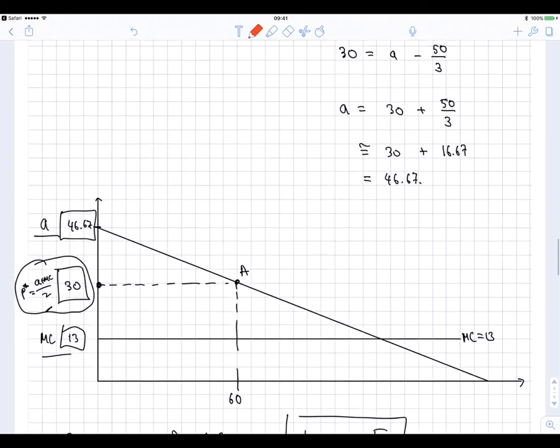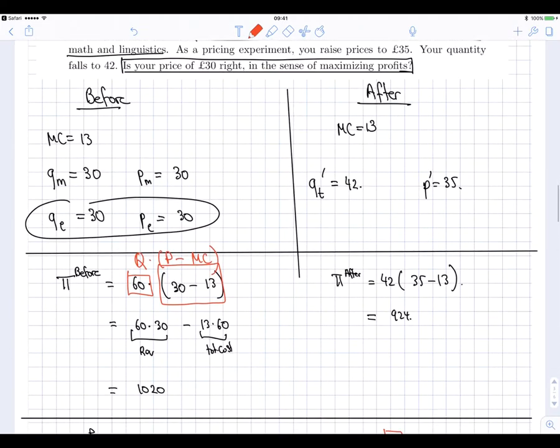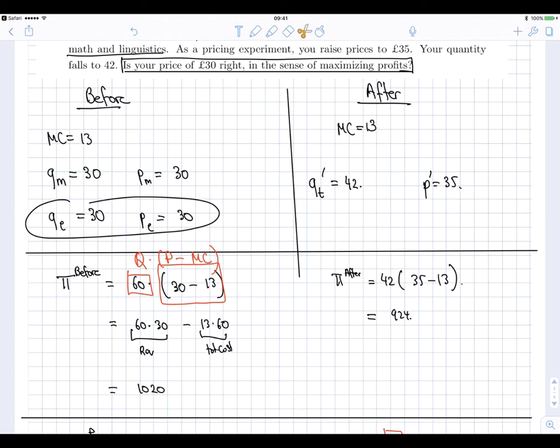So I could go back to this before and after graph.